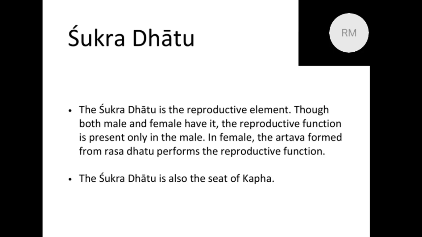And then we have dual dosha in Rasa Dhātu, which is when Rasa Dhātu is afflicted by a dominance of 2 doshas, and we also have 3 doshas in Rasa Dhātu.